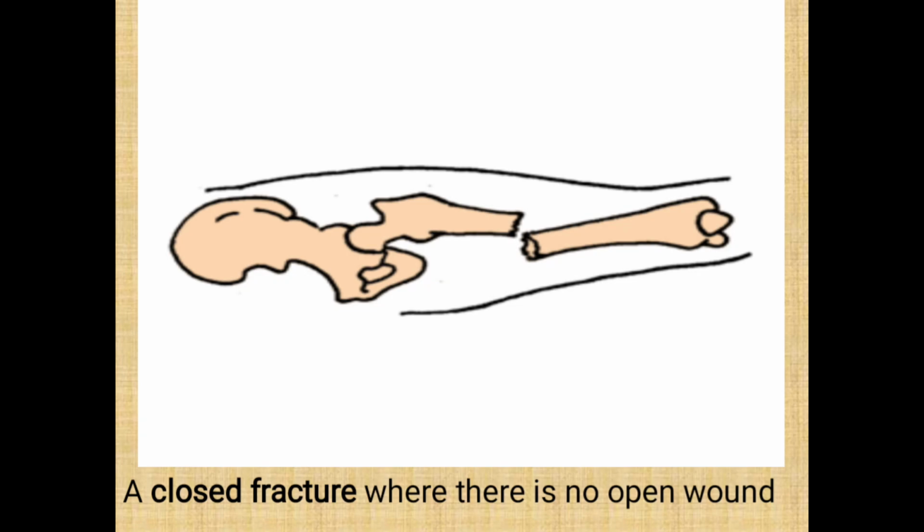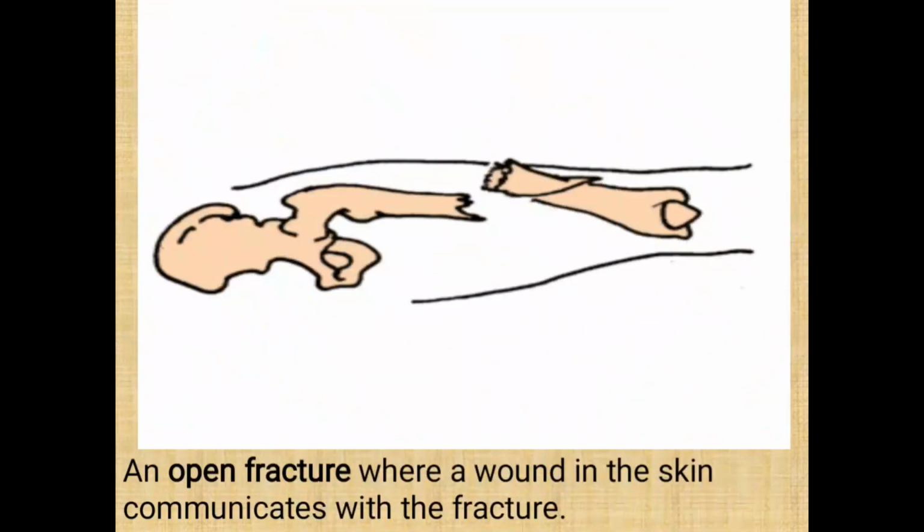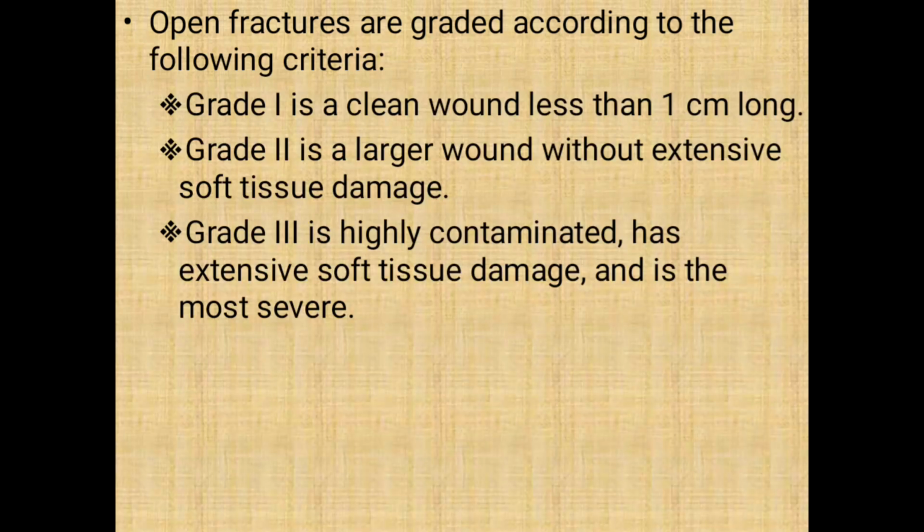Closed fracture, it's not open to the environment. Open, you can see the bone outside. Open fractures can be graded according to the following criteria. Grade 1 is a clean wound less than 1 centimeter long.